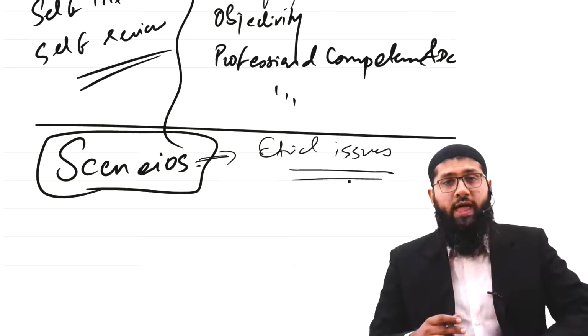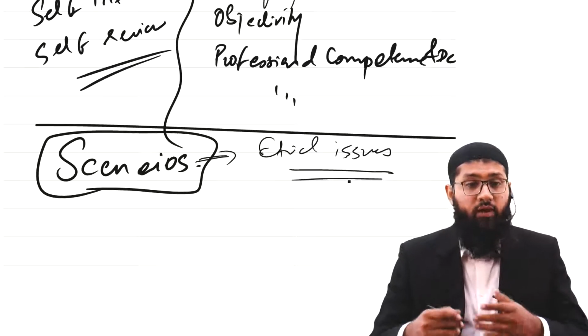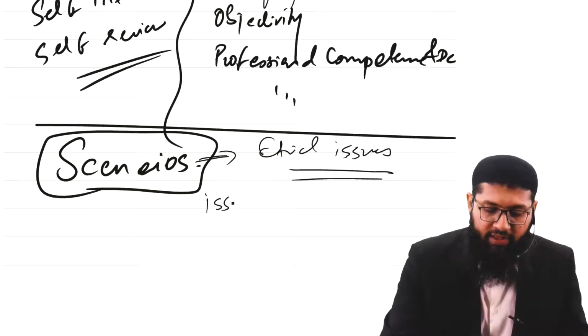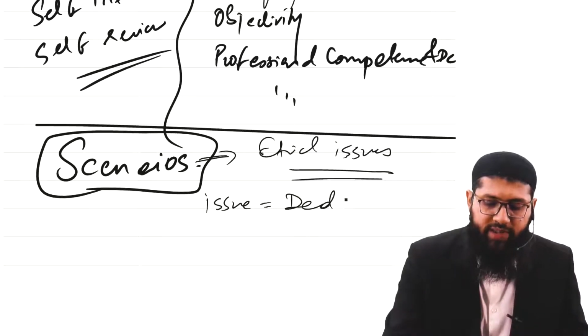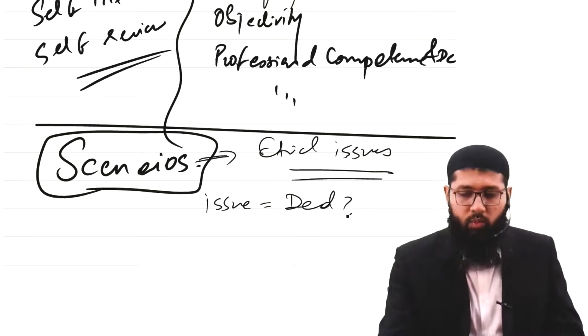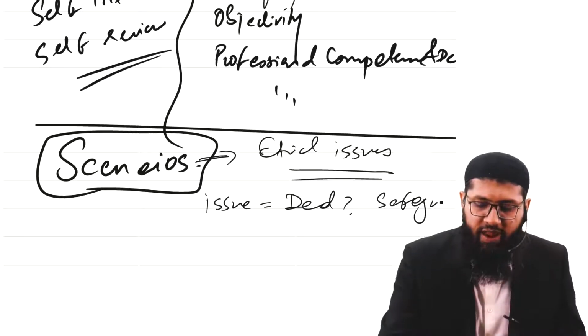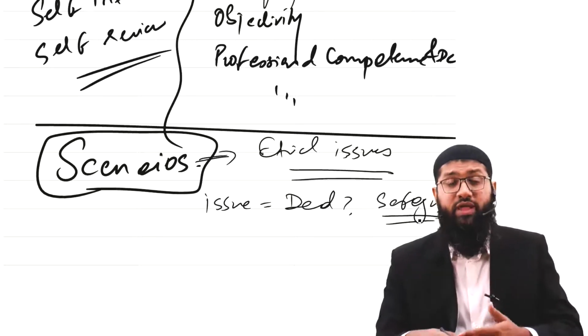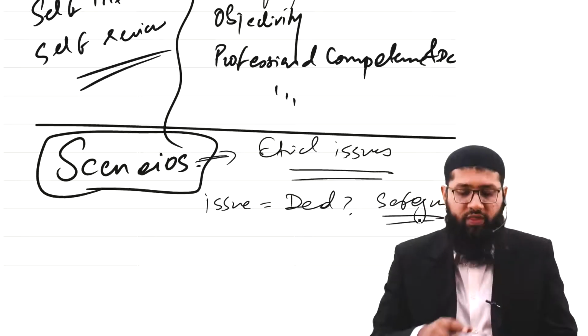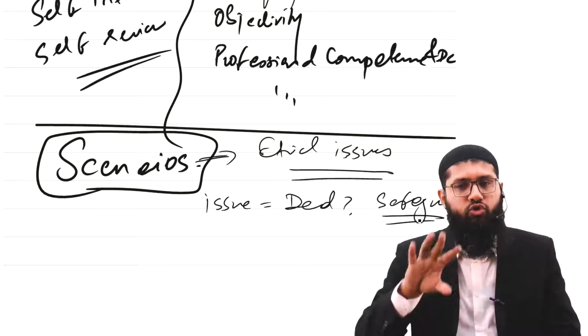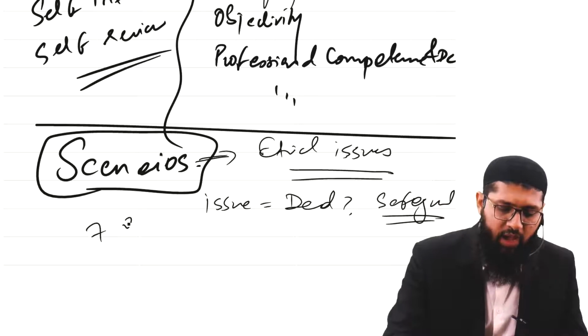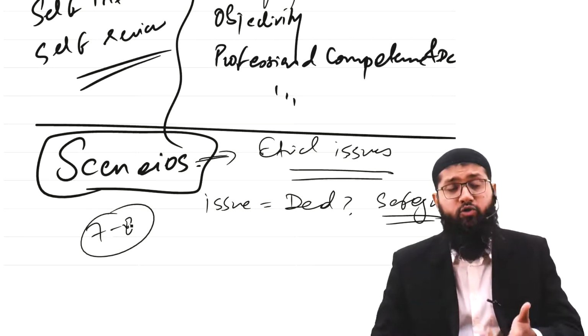You need to suggest what the ethical issues are that are arising, how you would deal with that issue, and what safeguards you would exercise in order to deal with that issue. So you could expect around 7 to 8 marks in the examination pertaining to ethics.